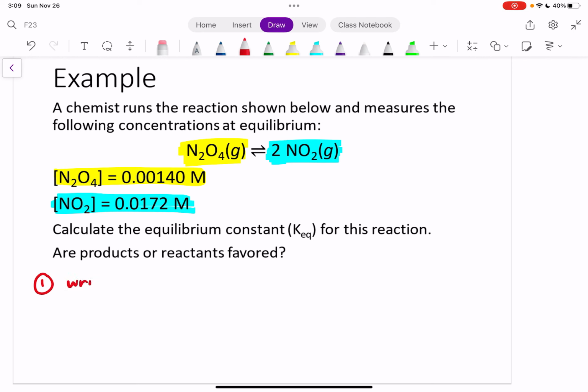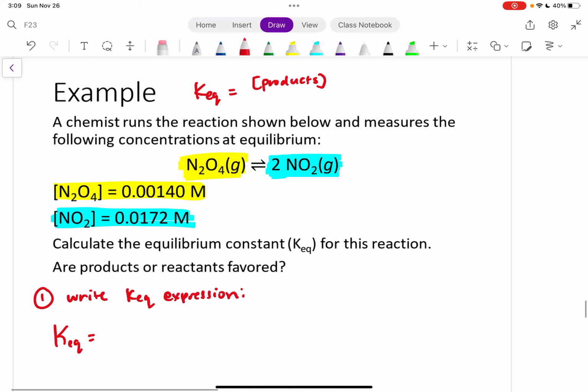So write the KEQ expression. That's our first step. So we know KEQ is going to be on the left. And then remember, it's KEQ equals products raised to some coefficient, and then reactants on the bottom raised to some other coefficient.